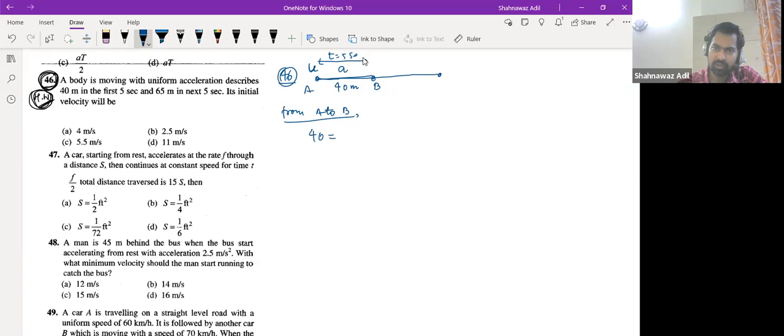Yes. So what would be the equation, guys? 40 equals to. You guys tell and I will solve this because in this way you guys will learn, right? So what would be the equation? I'm writing the distance. So second equation, what would be that?